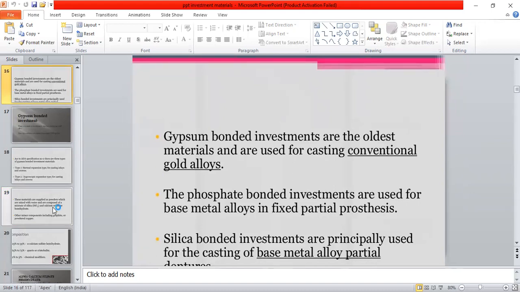The next one, the phosphate bonded investment material, is used for the base metal alloys, and it is used in the fixed partial prosthesis. The third one, silica bonded investment material, is used for casting of the base metal alloy particles, and it is used in the dentures.